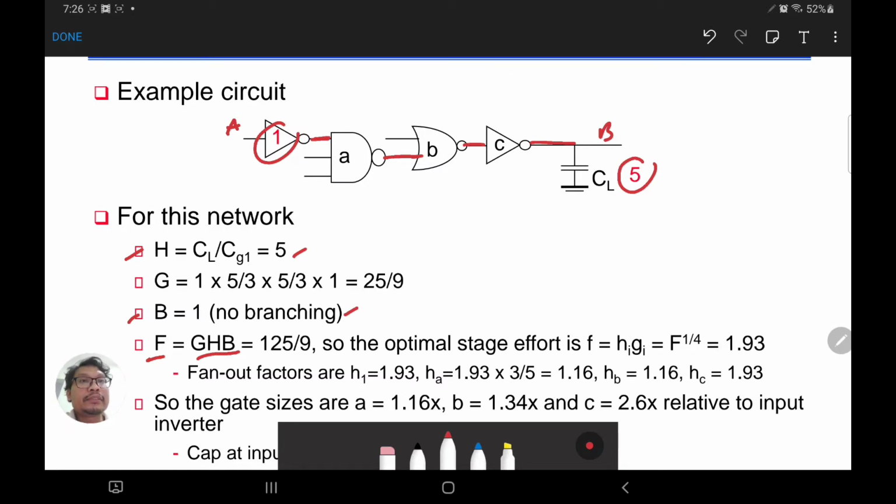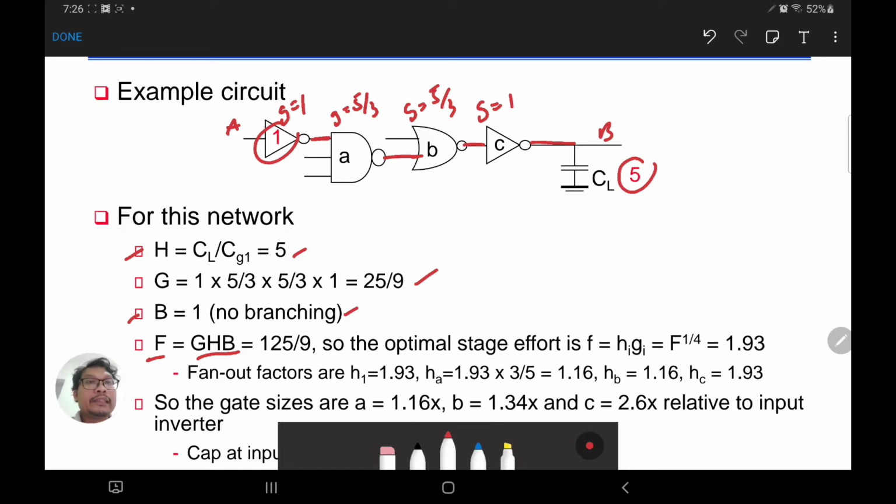What about G? G is the product of the logical effort, and the logical effort here is G equals 1, G equals 5 over 3, G equals 5 over 3, and G equals 1. If you take the product of the individual G's, you get the overall logical effort.